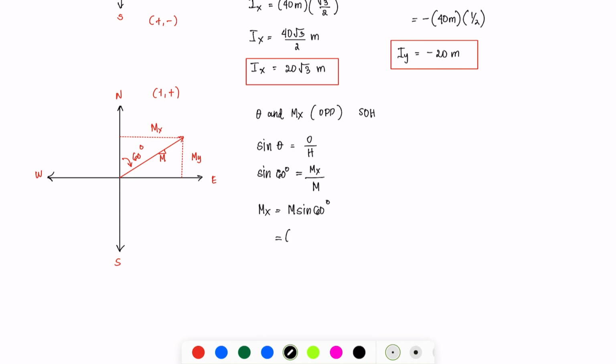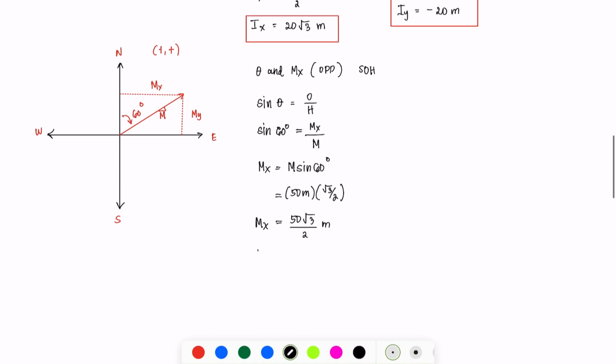Your magnitude of vector m is 50 meters, and your dear old unit circle says sine of 60 is square root of 3 all over 2. So m sub x will give you 50 square root of 3, everything all over 2. Do not forget the units, meters. This can be further simplified into 25 square root of 3 meters. So that's your x component.